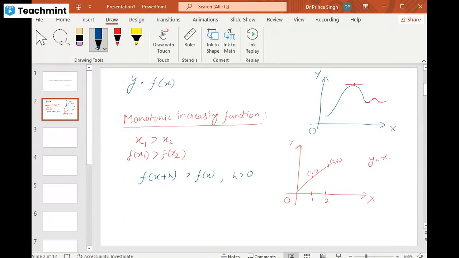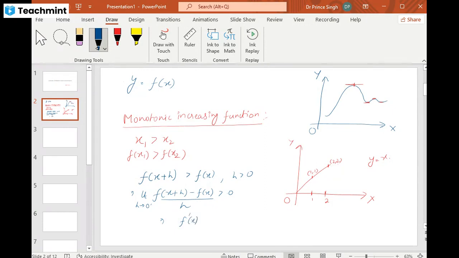So we can further write that f of x plus h minus f of x is greater than 0. Since h is greater than 0, if I divide by h, this term is still greater than 0. And if h is a very small number, h tends to 0 from the positive side only, then this is nothing but the derivative of the function.